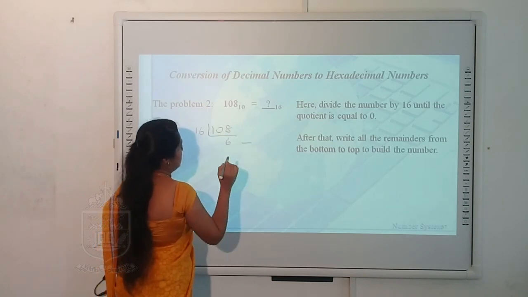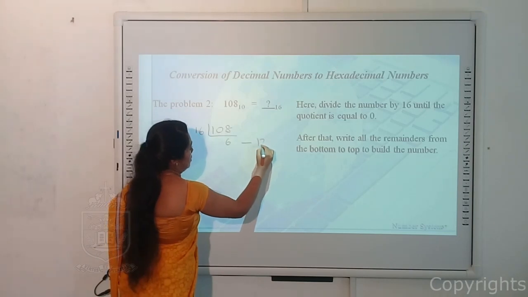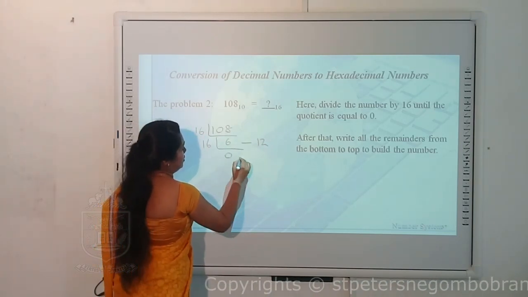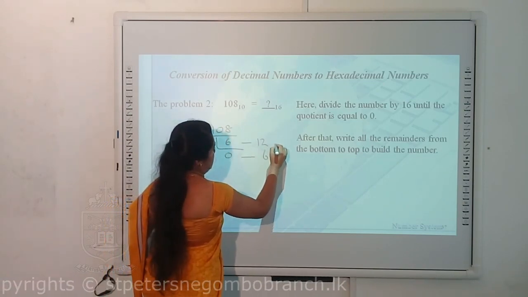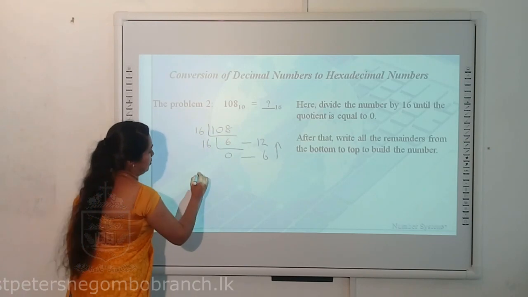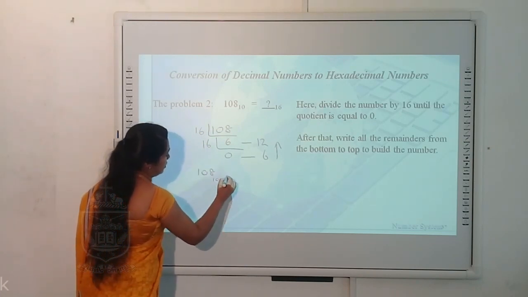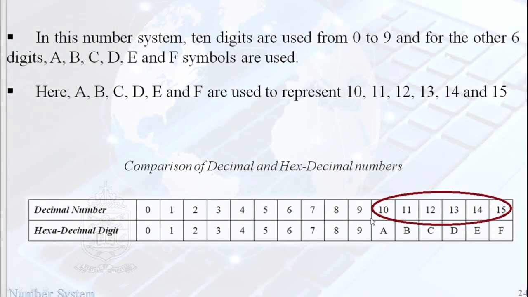6, 96. Then 12 divided by 16. 108 base 10 equals... For these 6 digits, A to F symbols are used.